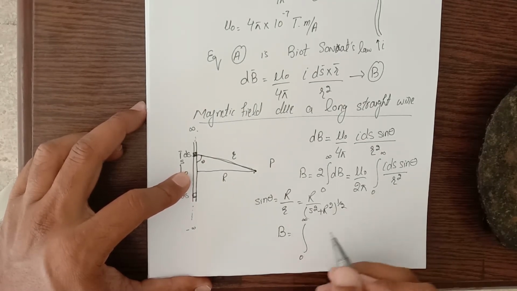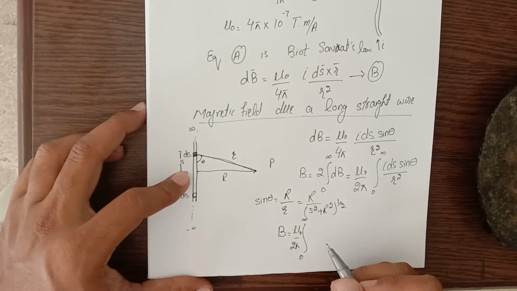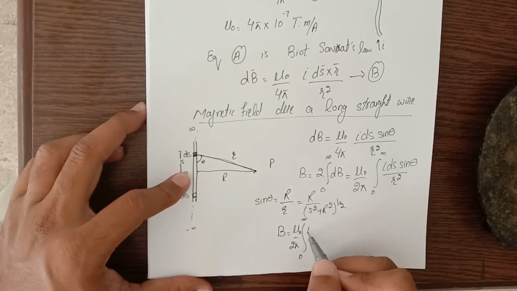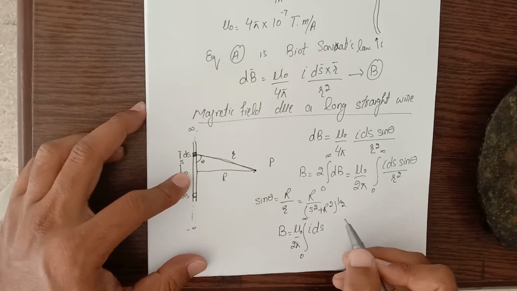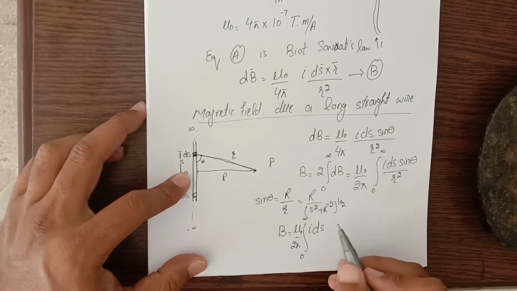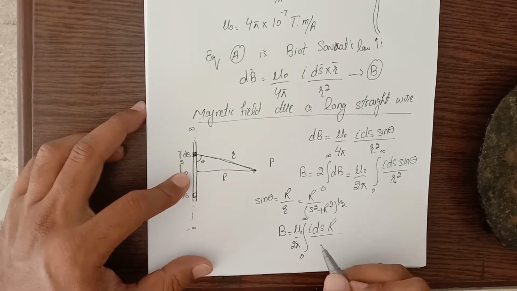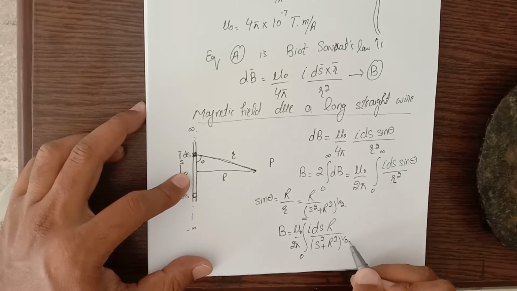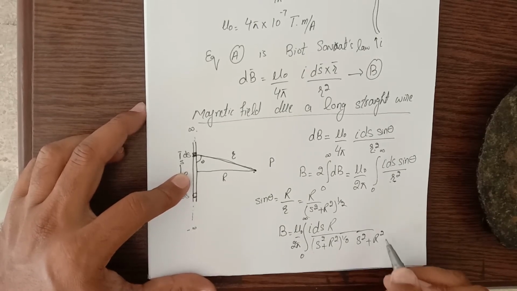integral from zero to infinity. I can write the constants outside the integral, and this would be I ds, where sine theta would be r over the square root of s square plus r square, that is, r over s square plus r square raised to 1 by 2, and I can write this r square to be equal to s square plus r square.